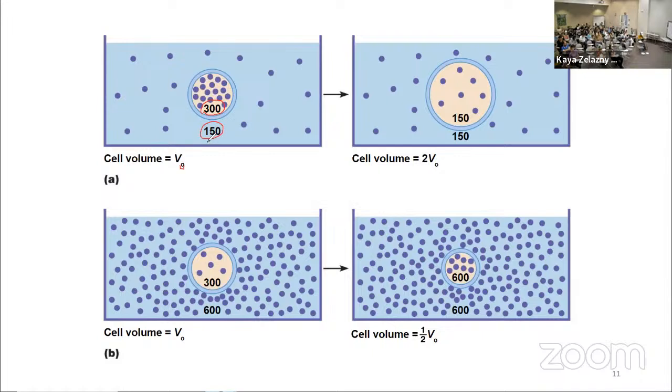150 milliosmoles outside. So we're looking here at a hypoosmotic solution here. Okay. So we can see this difference between the ECF, where we have less solute, more water, and the ICF inside, where we have more solute, less water.